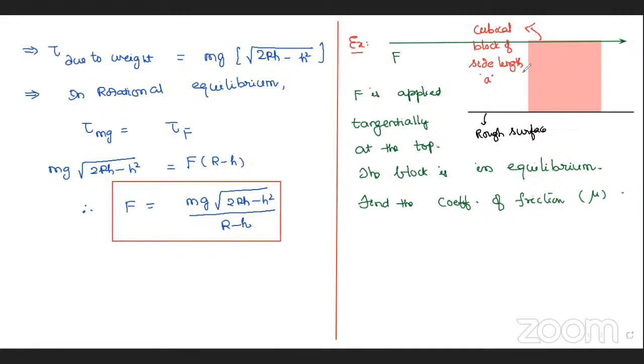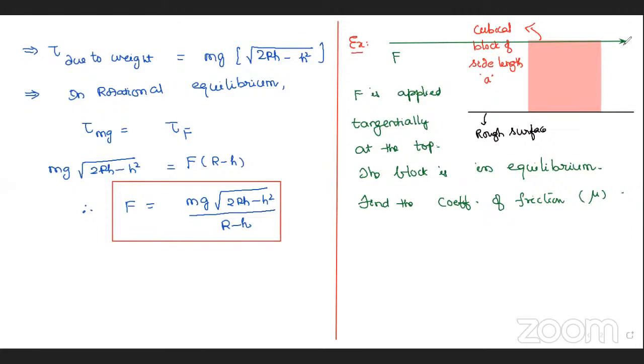Okay, in the meanwhile, we will try. He did not say whether it is in translatory equilibrium or rotational equilibrium. We have to think about the problem. He applied the force tangentially like this, which means there is a chance to slide over the rough surface.